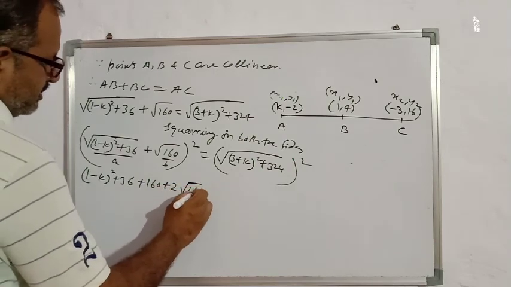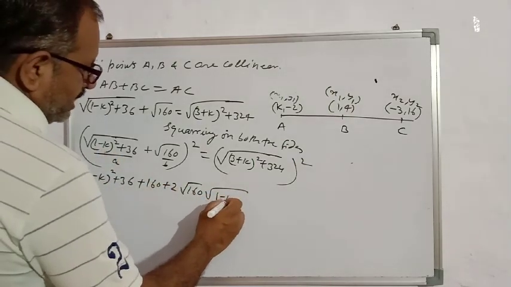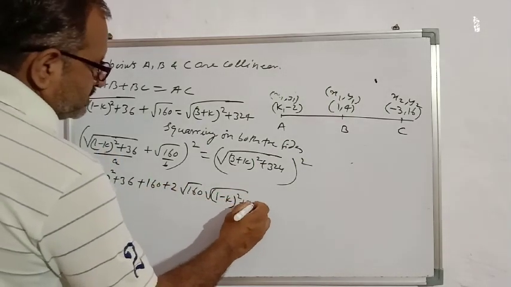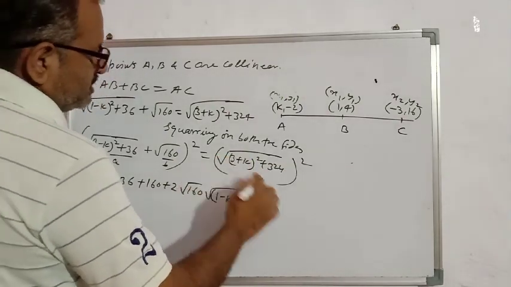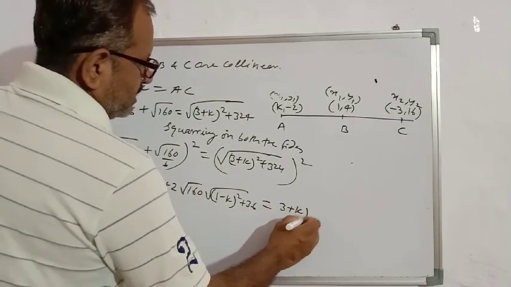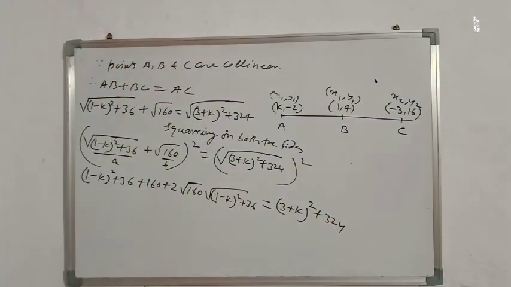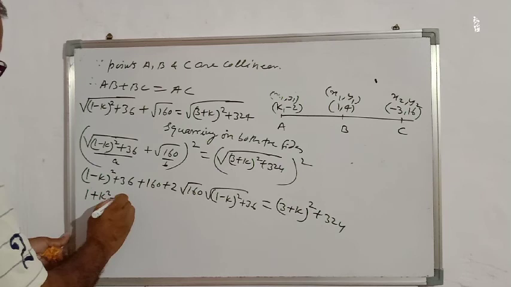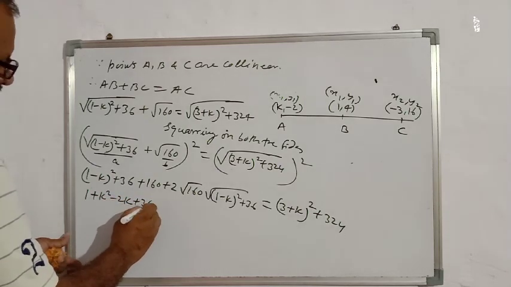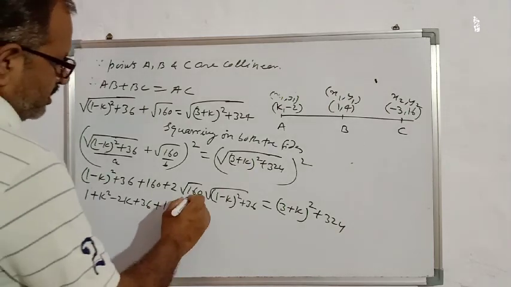So 2 under root 160 into under root 1 minus k whole square plus 36 is equal to, on the right side, when we take the square, we will remove the sign of root: 3 plus k whole square plus 324. So 1 minus k whole square is 1 plus k square minus 2k, plus 36 plus 160 plus 2 root 160.